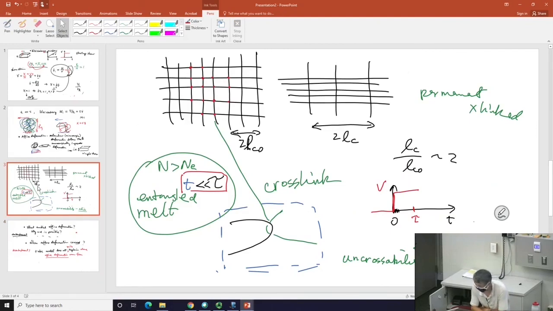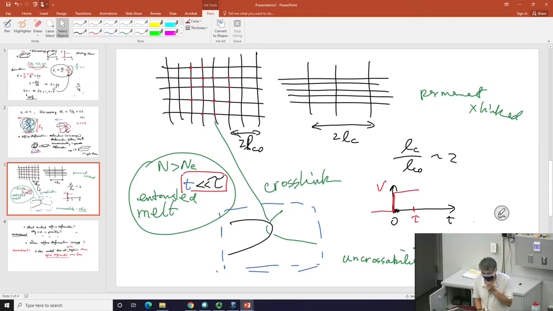For example, in fact, this concept goes a little broader than that. For example, I think everyone agreed when we are looking at our object for a time scale much shorter than tau, it's going to be affine.